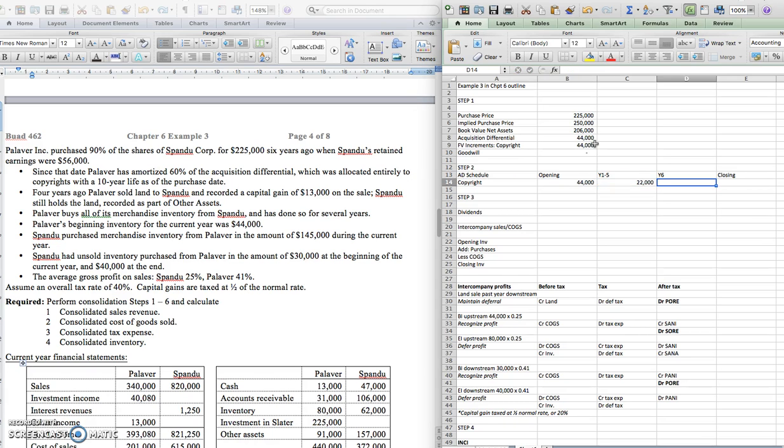We also need to figure out year 6, so 44,000 divided by 10. That'll just give us 1 year's worth. The closing will be the opening amount, less the 5 years, less year 6. That gives us a total of 17,600.